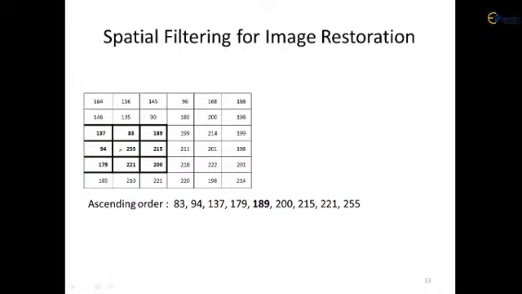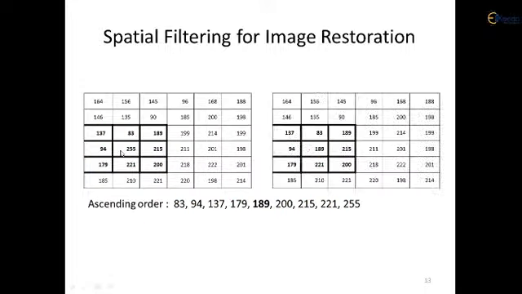So when we do this, you see the replacement of the value we have done. The rest of the neighborhood pixel intensities are as they are. This is the output image obtained by operating with the median type of filtering here.